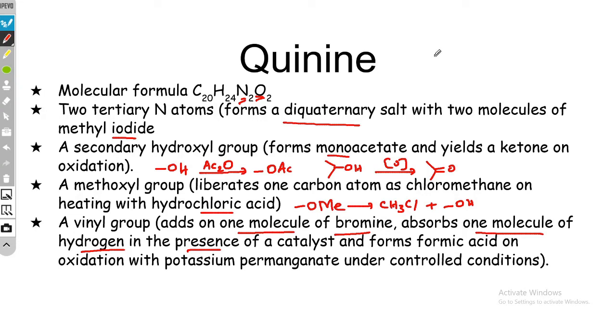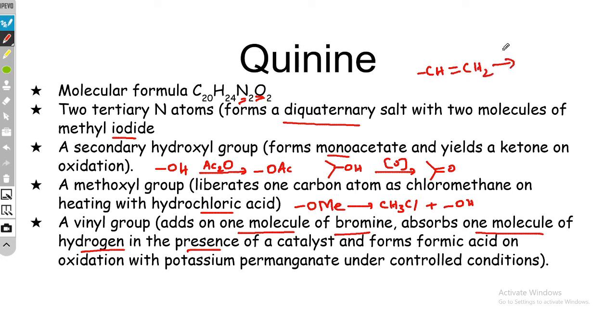Then a double bond may be terminal or non-terminal. It is found that the unsaturation in quinine is a terminal double bond because it forms formic acid. That is, it contains this CH=CH2 group.